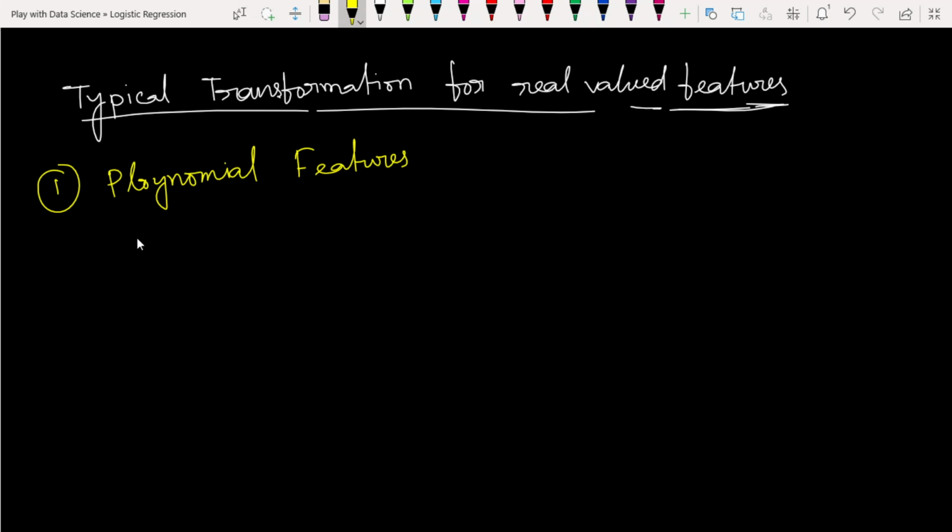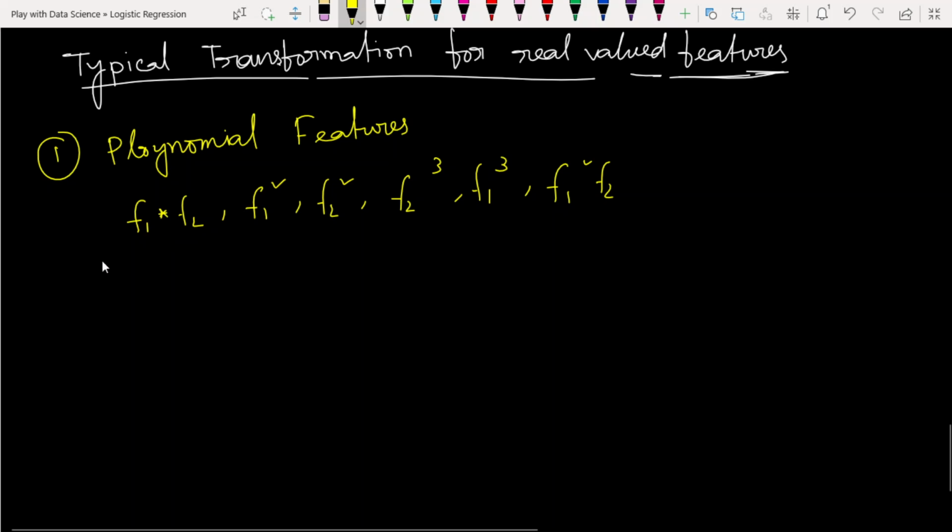It is like f1 into f2, f1 square, f2 square, f2 cube, f1 cube, f1 square f2. Such feature transformations are called polynomial features.